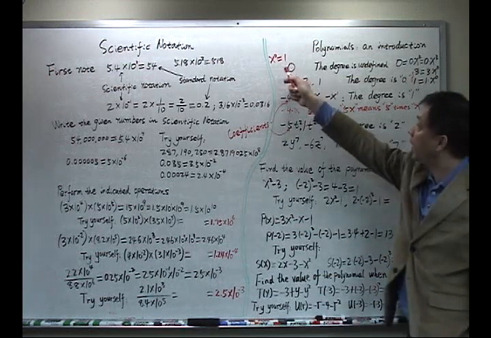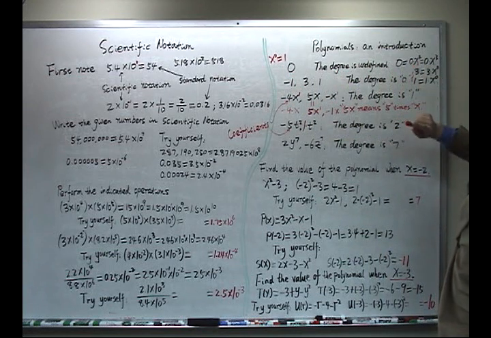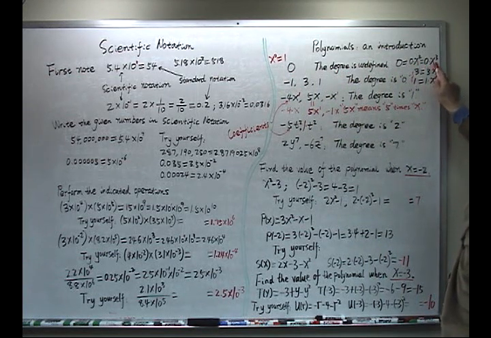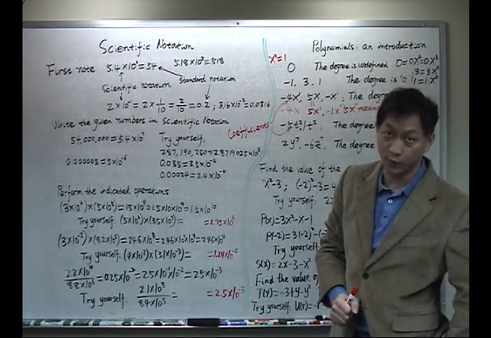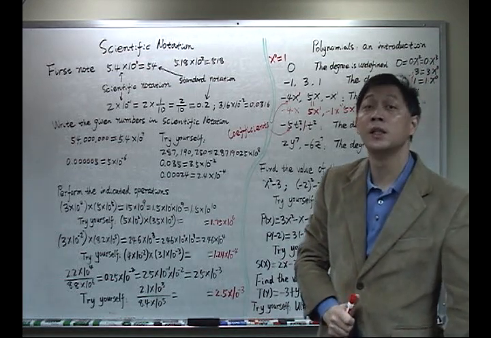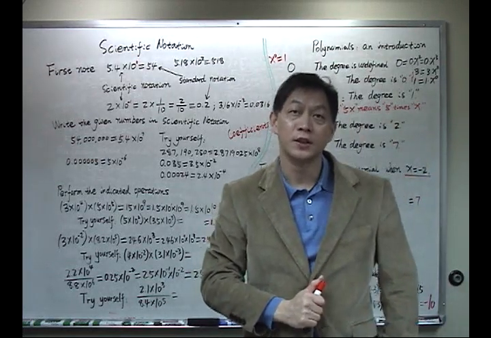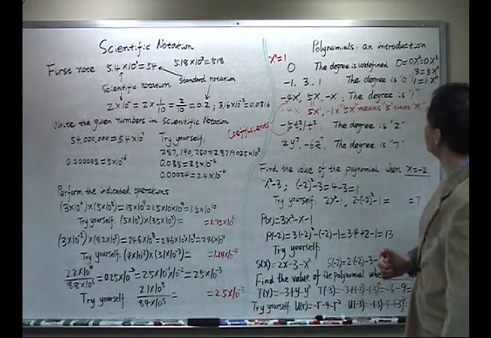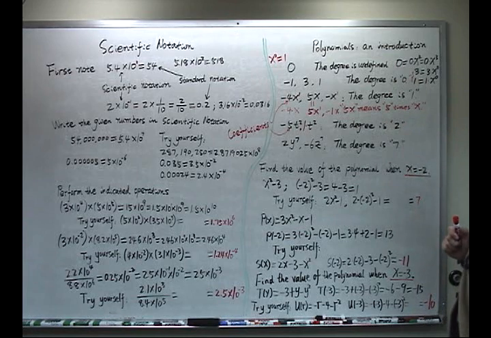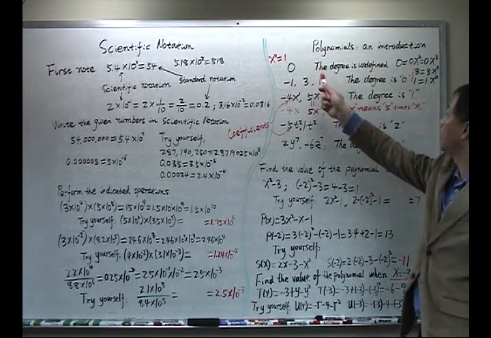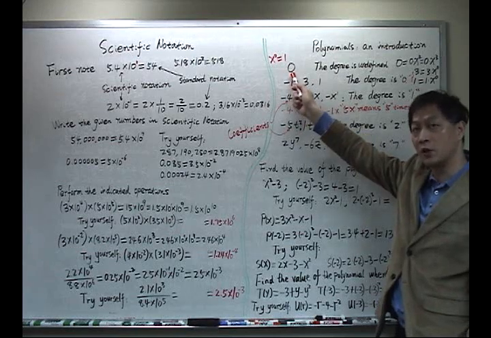We know 0 times x squared is 0, 0 times x cubed is 0, 0 times x to the fourth is 0, 0 times x to the 100th is also 0. So in this case, we don't know the degree of the zero constant. Then we say the degree is undefined for the zero constant.